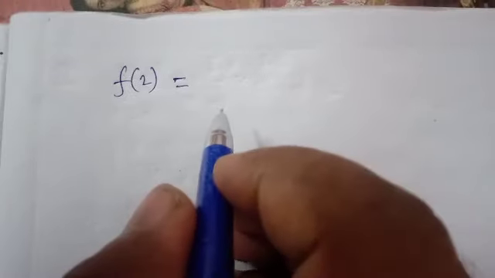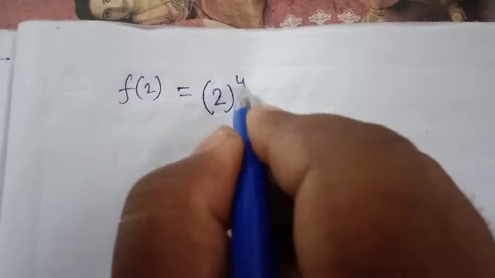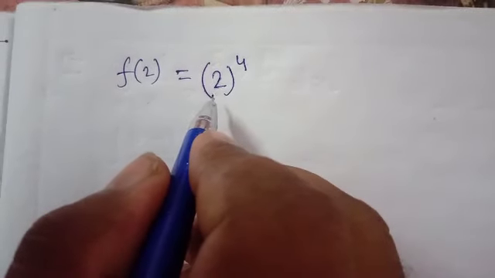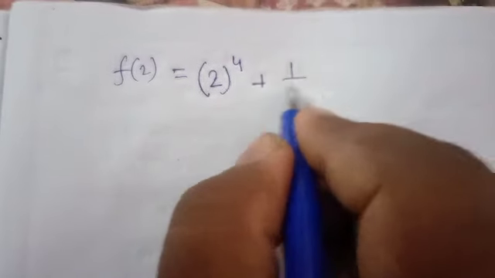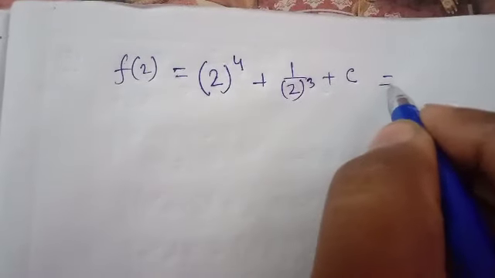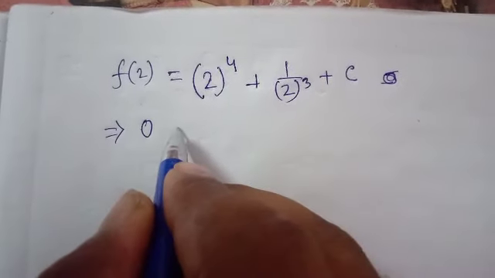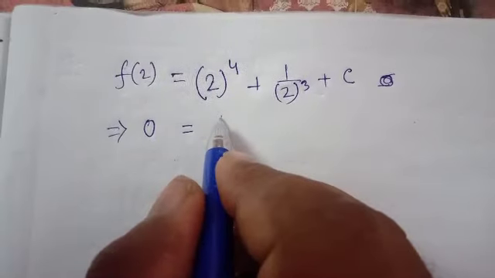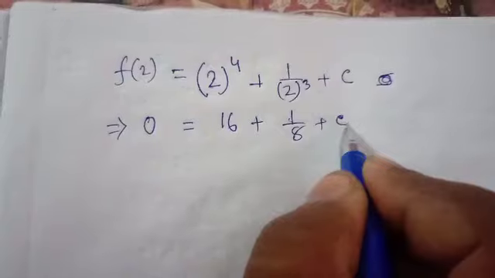Then f of 2 equals 2 to the power 4 plus 1 by 2 whole cube plus c. This equals f of 2, already given 0, so that means 0. 2 to the power 4 means 16 plus 1 by 8 plus c.